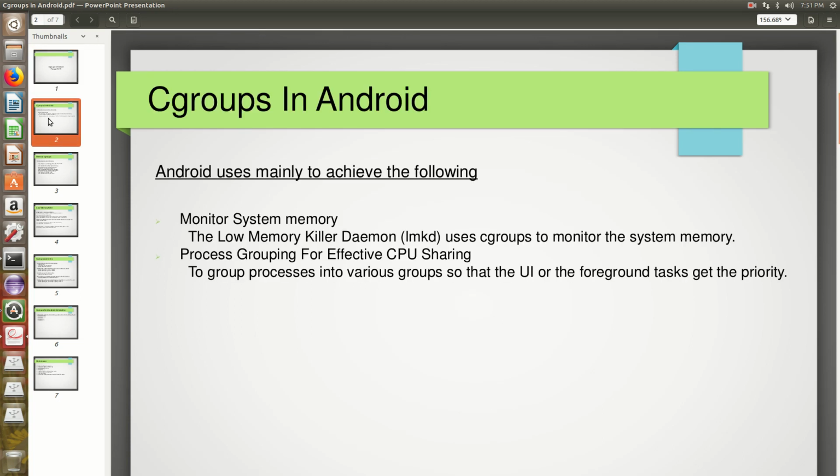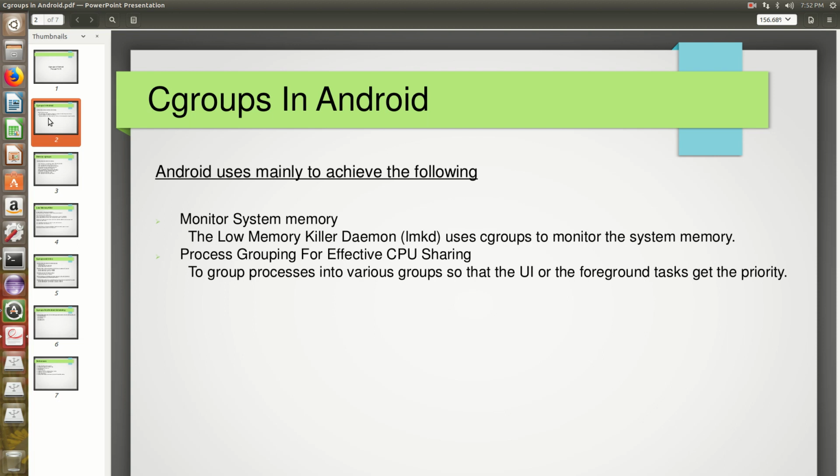Android uses cgroups mainly for two purposes. One, the low memory killer daemon. This is the daemon which monitors the system memory level, the memory pressure level, identifies if the system memory is going low, and then based on that, identifies a process to kill it.